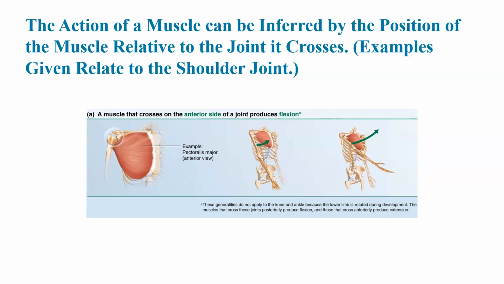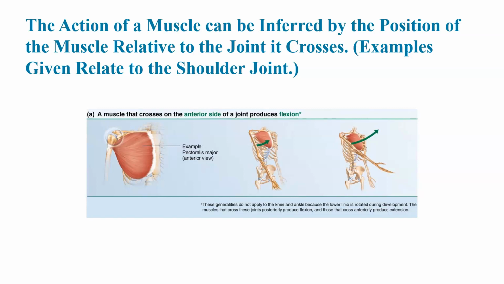So if we consider the shoulder joint and the pectoralis major, this is a large muscle that forms the upper chest wall. It's what people who lift weights sometimes call their pecs. It is anterior to the shoulder joint.